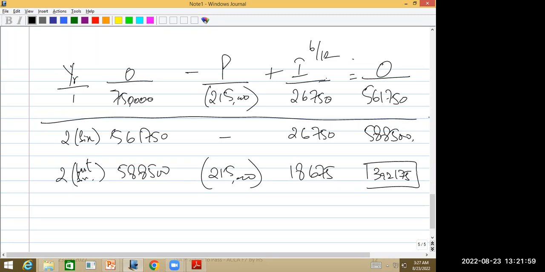So the current liability from this amount will be. So what's the current liability?